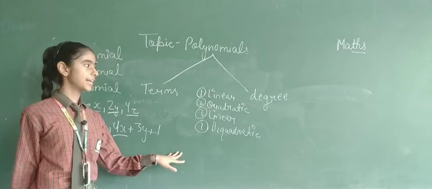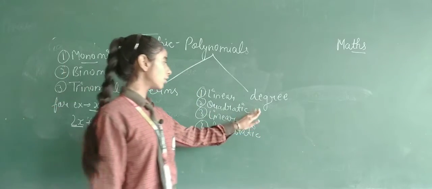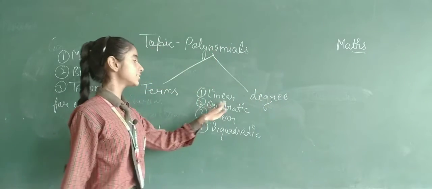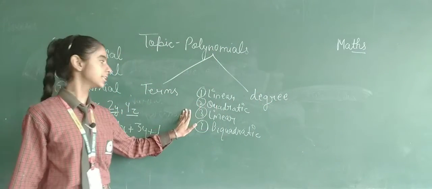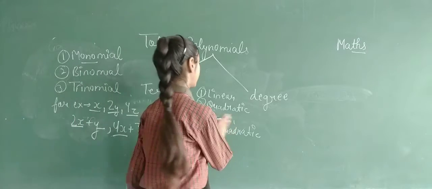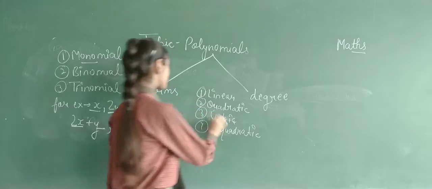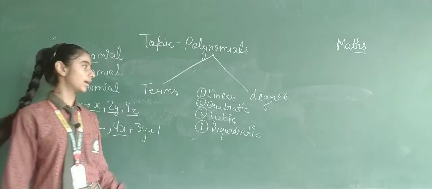First one is linear, second one is quadratic, third one is cubic and fourth one is biquadratic.